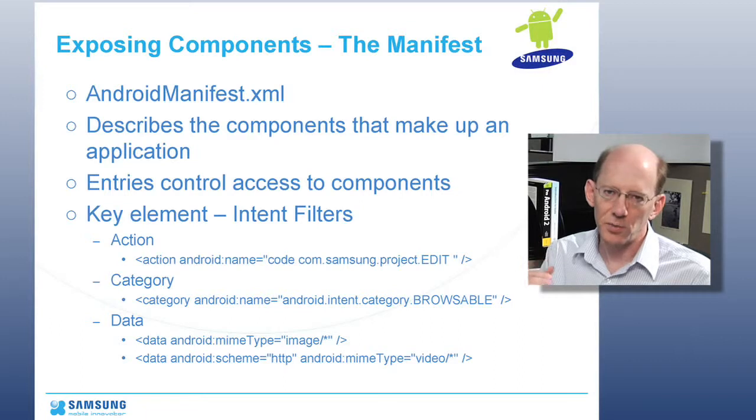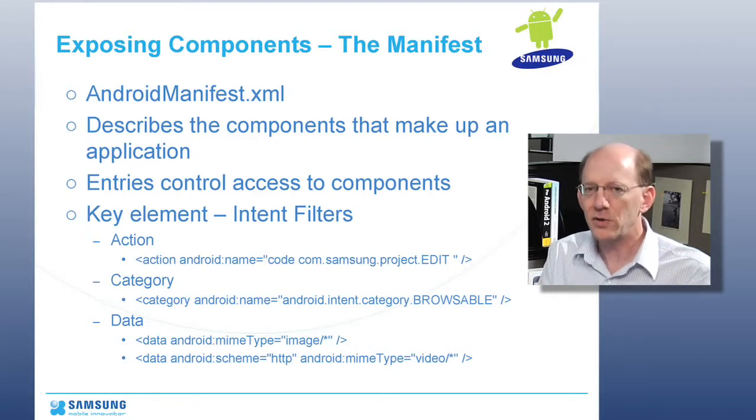And so the key elements there, the most critical part to know other than just the basics of how you define a component in your application, are the intent filters. So we talked about intents, and then the intent filters are going to tell the system in this nice flexible way which kinds of intents your application is going to listen to, and in particular which components are going to listen to which particular intents. So the way you can filter intents on several things. An intent can have an action.